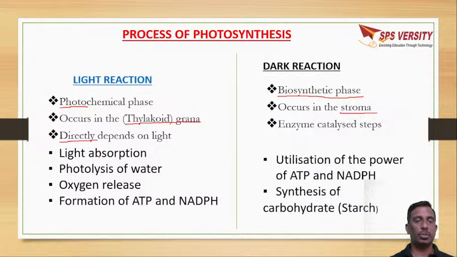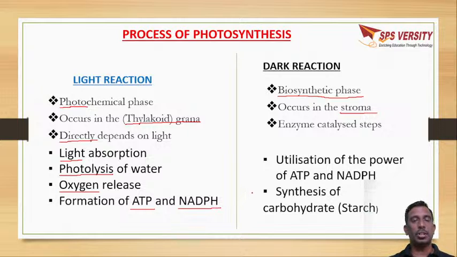In the light reaction there is light absorption and photolysis of water, that is, splitting of water, and oxygen is released. Finally you get the energy currency, ATP and NADPH.